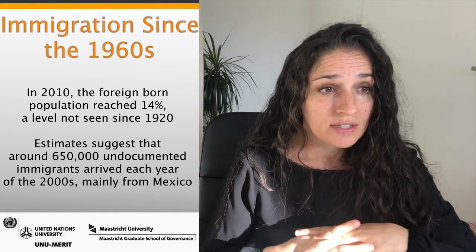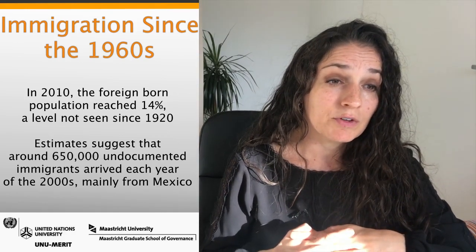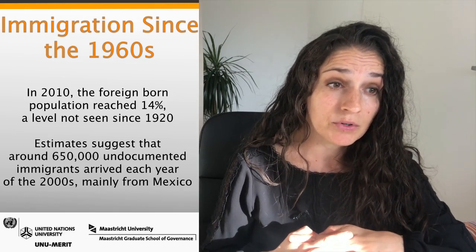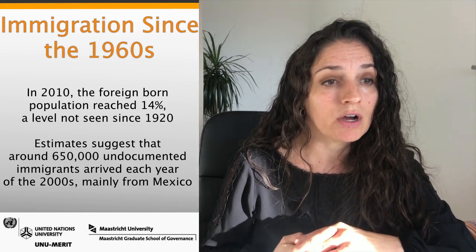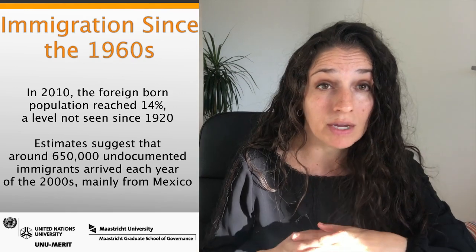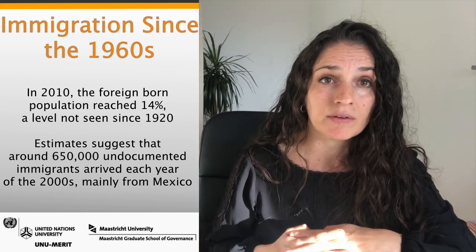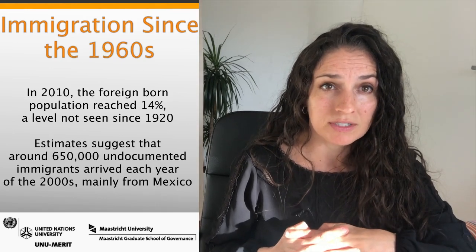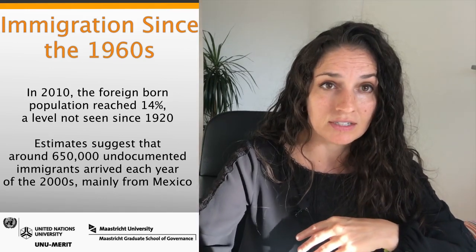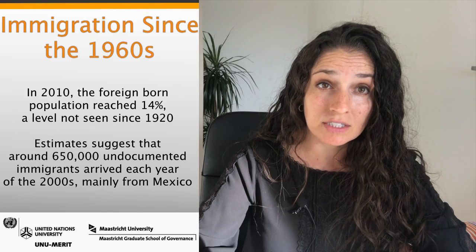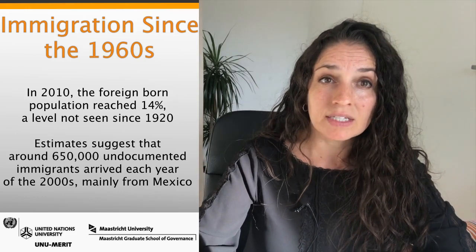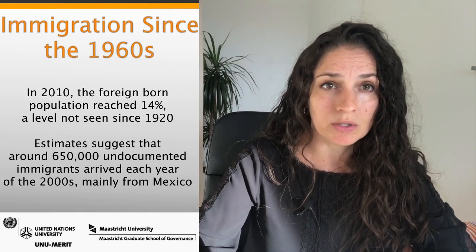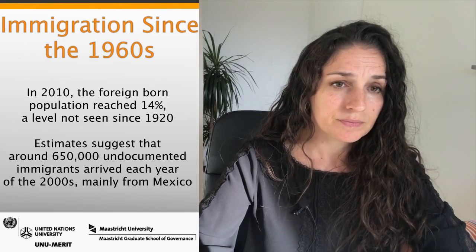Estimates also suggest that around 650,000 undocumented immigrants arrived each year of the 2000s, mainly from Mexico. So we have seen increasing numbers of irregular or undocumented migrants to the United States, for a variety of reasons, but mainly due to restrictive immigration policies in the United States.